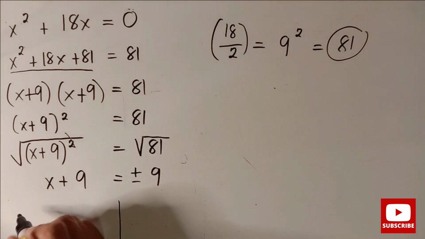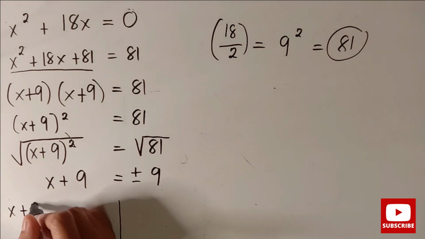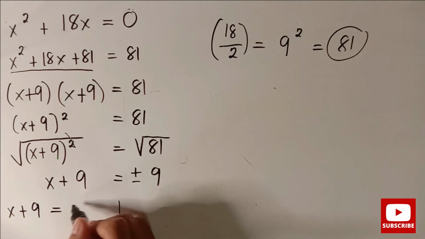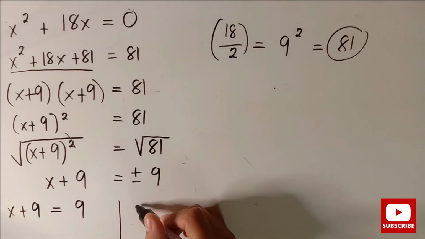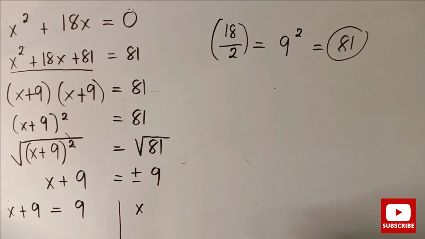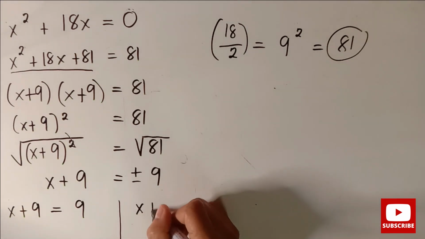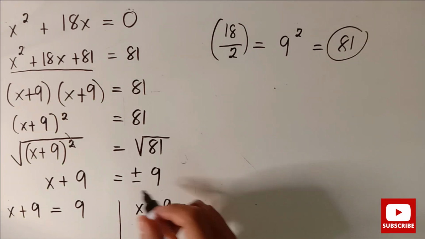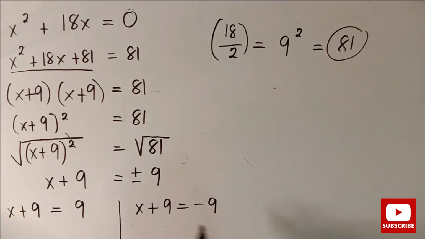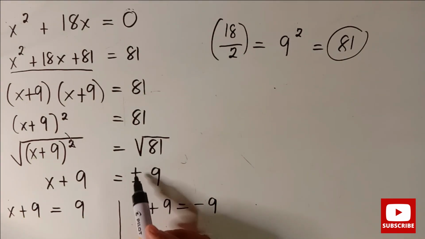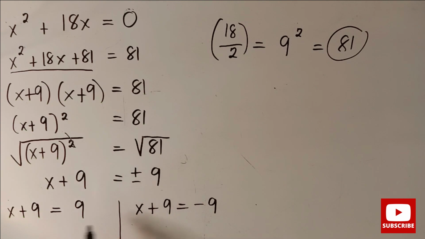In this case, x plus 9 equals positive 9. And for the second value, x plus 9 equals negative 9. So we are just going to separate the positive and negative, just like what I am doing now.